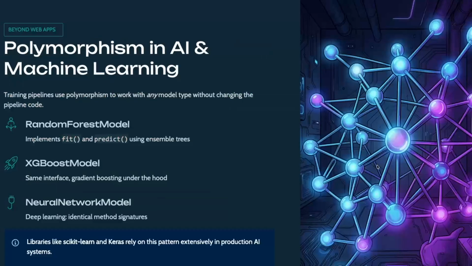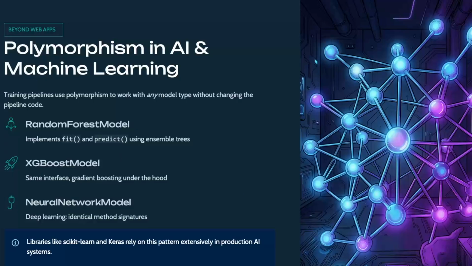This is one reason why polymorphism helps create scalable software systems. Now, since many of you are probably interested in AI and machine learning, let's see a real-world example. Imagine a machine learning pipeline. We may have different models: a random forest model, an XGBoost model, a deep learning neural network model, etc. Even though the internal algorithms of these models are completely different, they often expose the same methods, for example fit or predict.